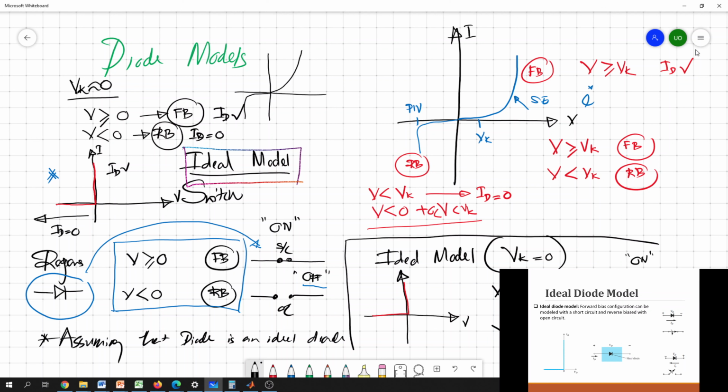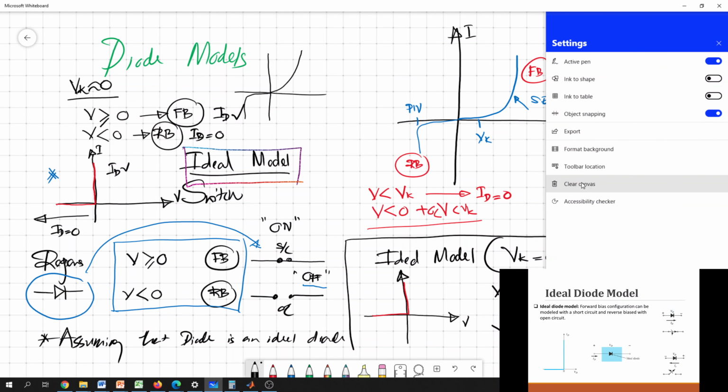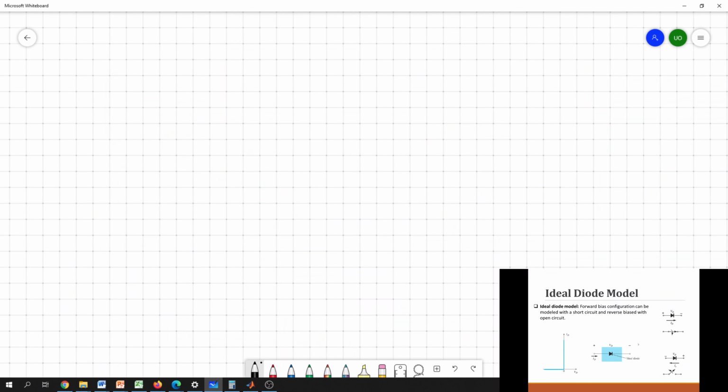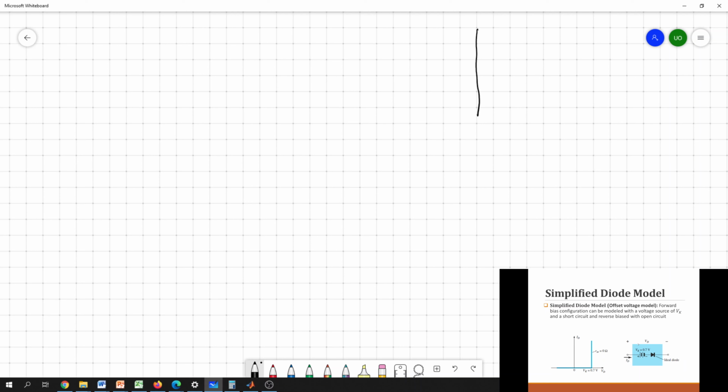Next we move on. Again, this is the characteristic curve.